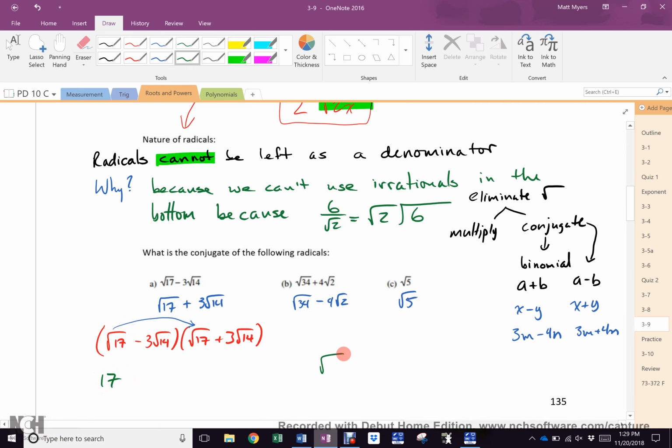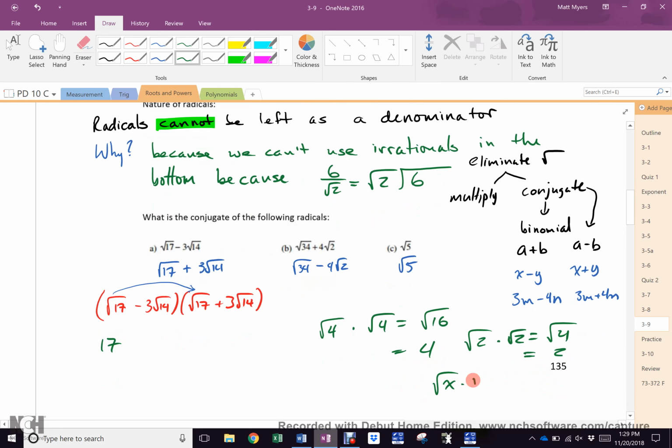Okay. What is root 4? Stop. What is root 4 times root 4? Root 16. What is the square root of 16? 4. What is root 2 times root 2? Root 4. What is the root of 4? 2. So, what is root x times root x? x. So what is root 17 times root 17? 17.